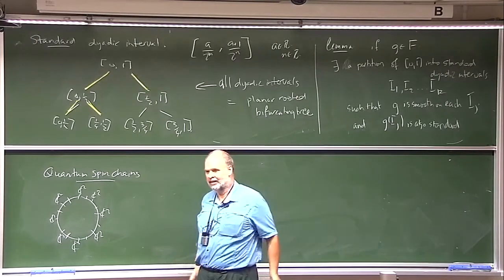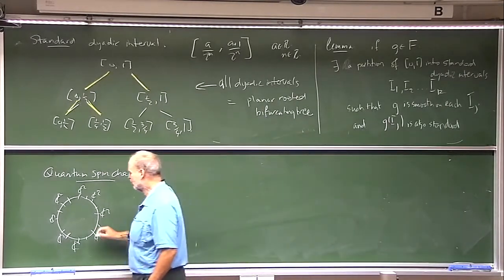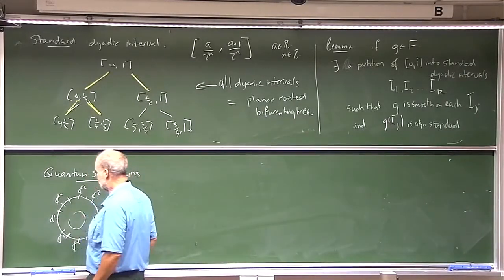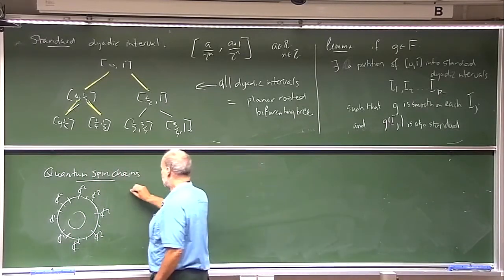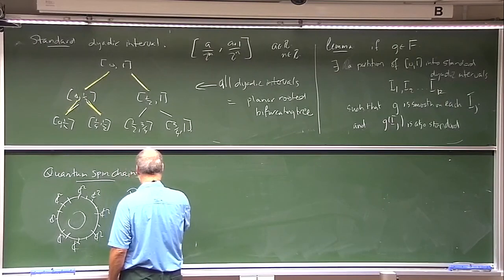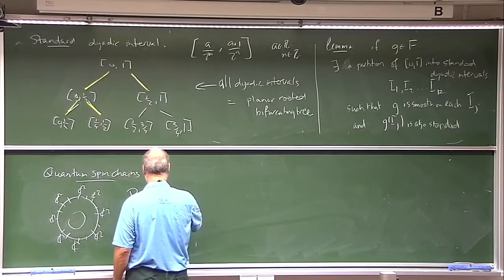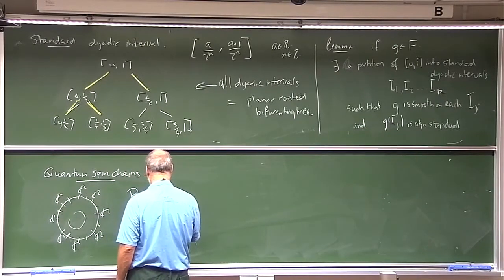Well, annular tangles give you ways of actually embedding one in the other. And the idea is that we're going to choose a matrix R belonging to P2, which has the following property.